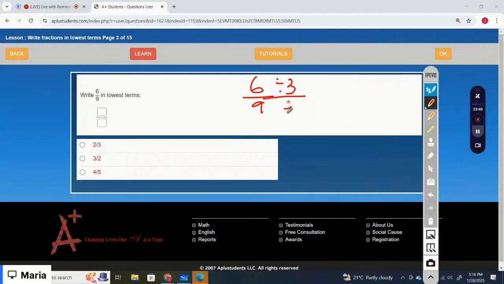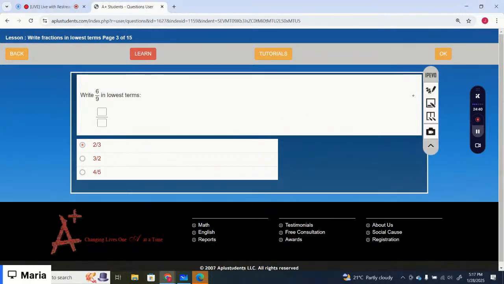So divide both numerator and denominator by the greatest common factor. 3 times 2 is 6. That is 2 by 3. Option number 1 is the correct option.